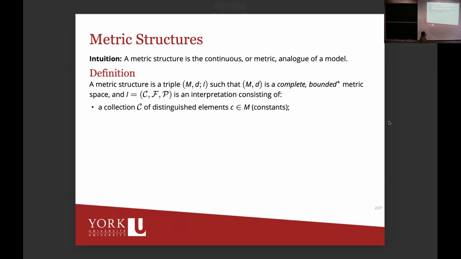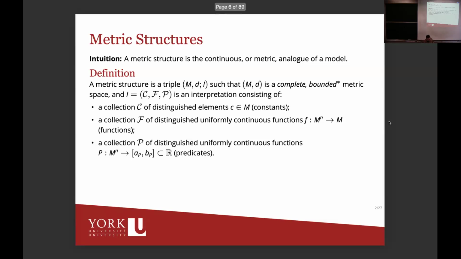And we have an interpretation of some constants. Now, I have functions from some Cartesian power of the model back to the model. The difference is I'm going to ask that they be uniformly continuous. And later in the syntax, I'm going to ask that the syntax tells me the modulus of continuity, so I know how uniformly continuous it is.